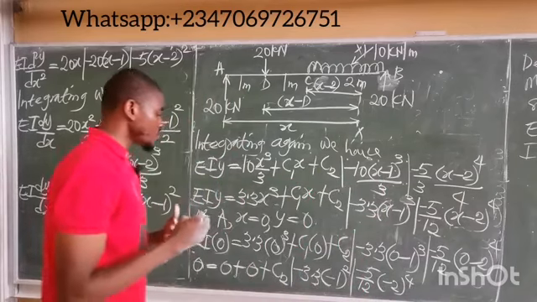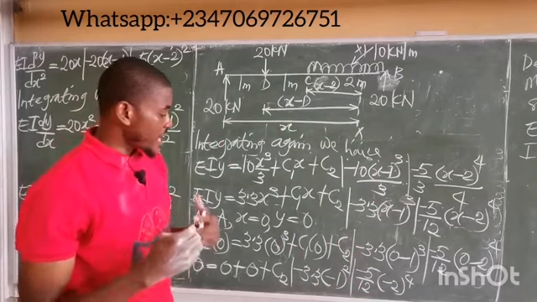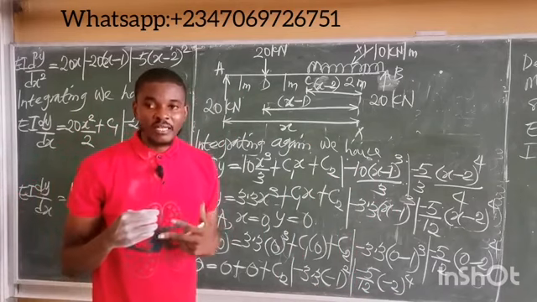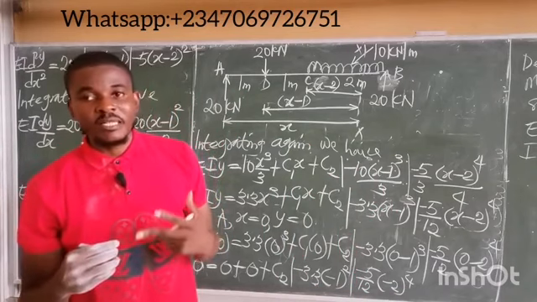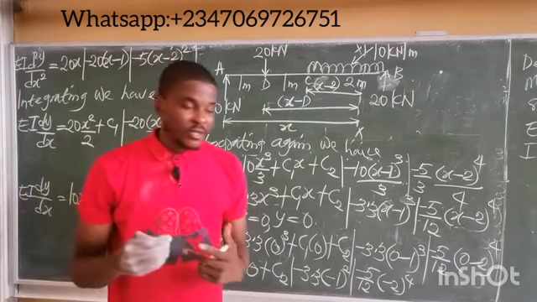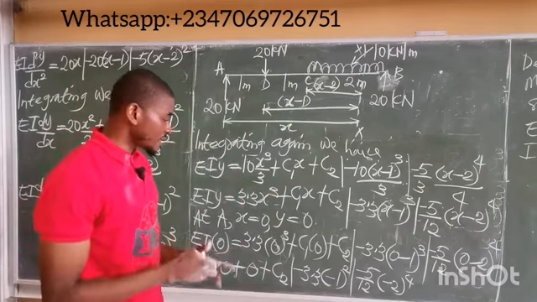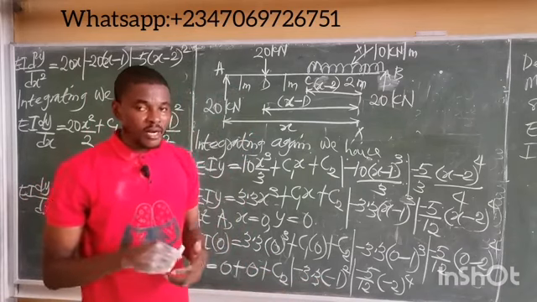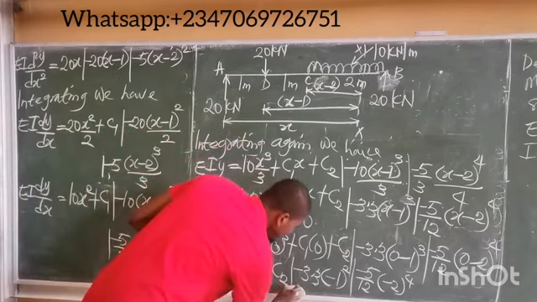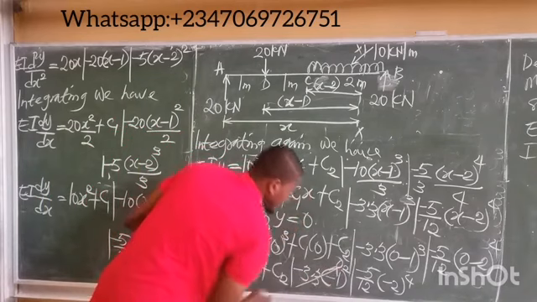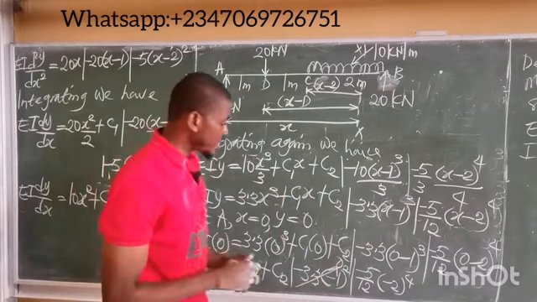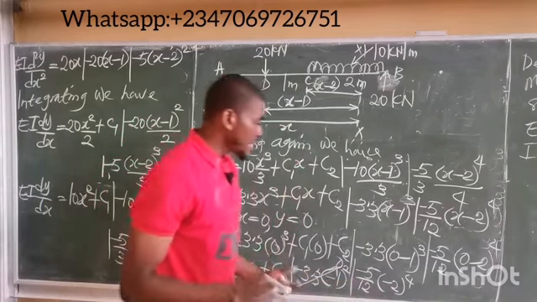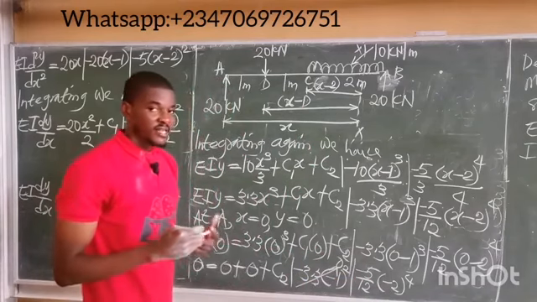Now the rule says, according to Macaulay, every value inside the Macaulay's bracket that is less than 0 automatically becomes 0. So if I take a look at the Macaulay's bracket, I have minus 1 here, and minus 1 is less than 0. So automatically everything in this bracket becomes 0. Same thing here. I have minus 2 here, and minus 2 is also less than 0.